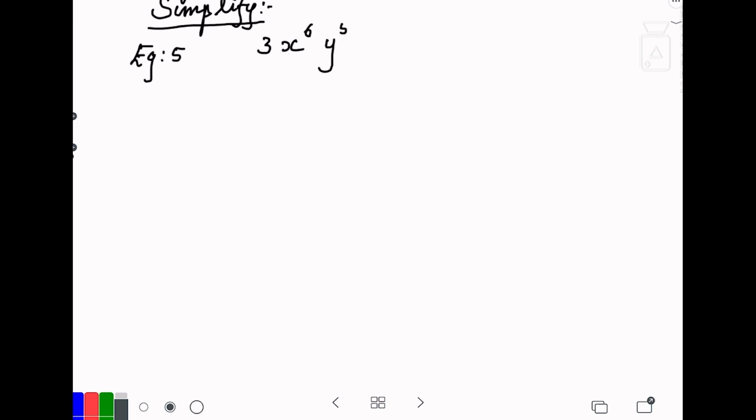This example which I have taken involves multiple terms. You can see it has x, y and z. How are we going to do it?